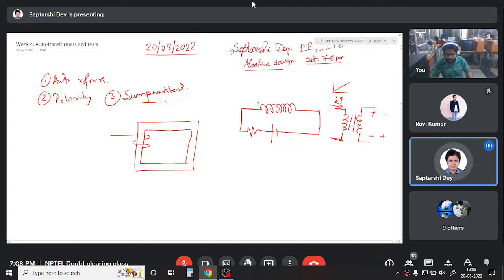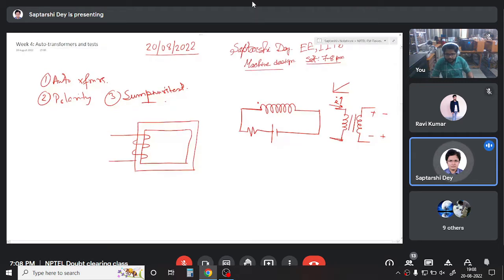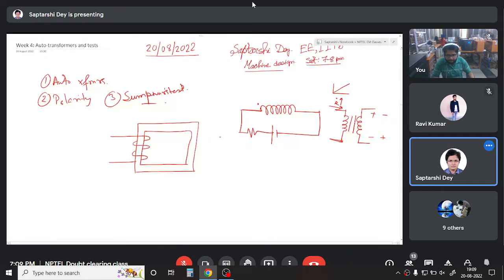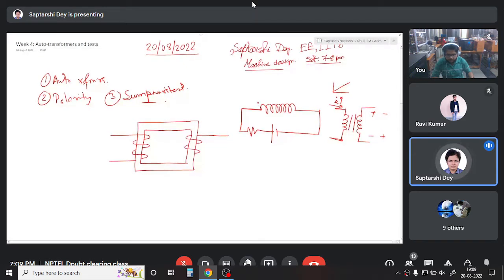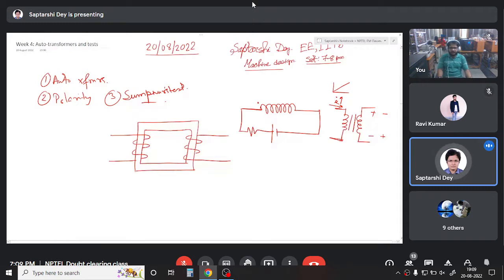Say I have one winding like this, and say I have another winding like this. Can you see here that the sense of these two windings are different, right?